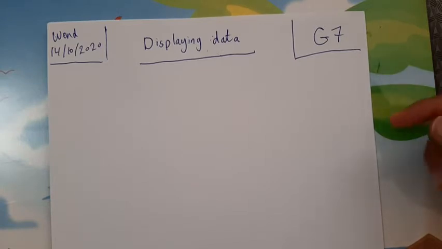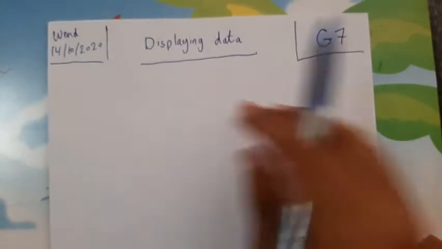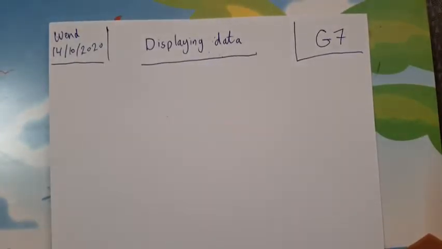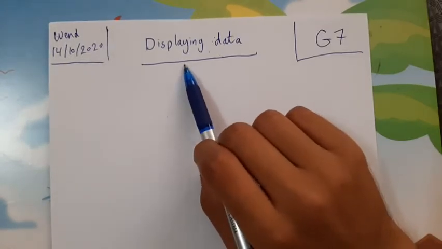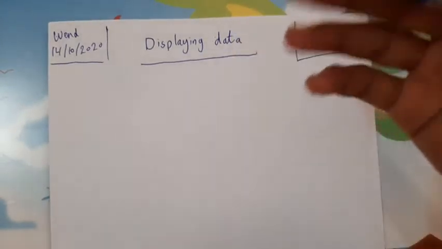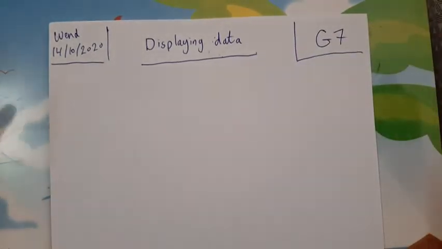But what comes after organizing the data? After organizing the data, you are going to display data for others, right? Sometimes you don't collect the data for yourself, but you need to show others the data you already collected. So the method you're going to use to display the data depends on what?